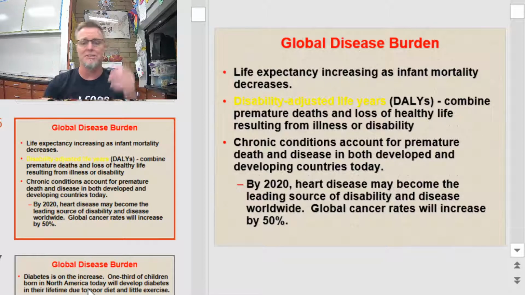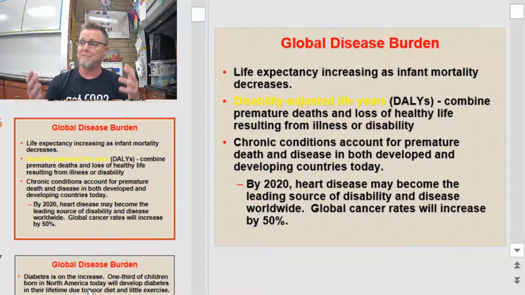There was a time in human history your life expectancy was maybe 40 years. And now, in the United States, the average life expectancy is pushing 80. Infant mortality is also decreasing, which means more and more babies are surviving and reaching adulthood.